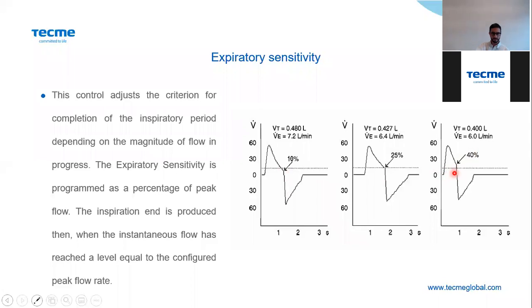So the main idea you need to understand is that the patient controls the inspiration and the expiration, when the inspiration starts and when the expiration starts. However, it's still a pressure mode, so the ventilator will help the patient by delivering some preset pressure.